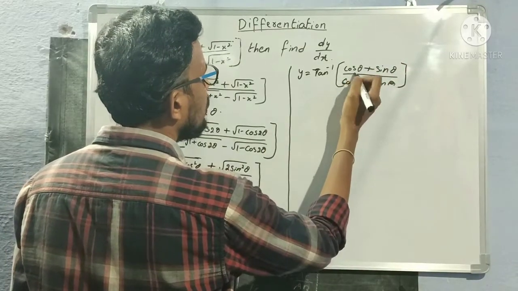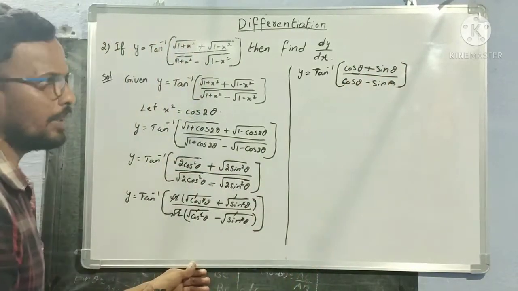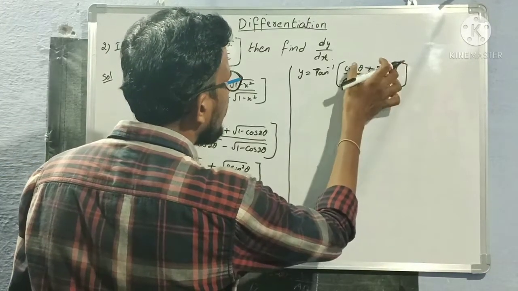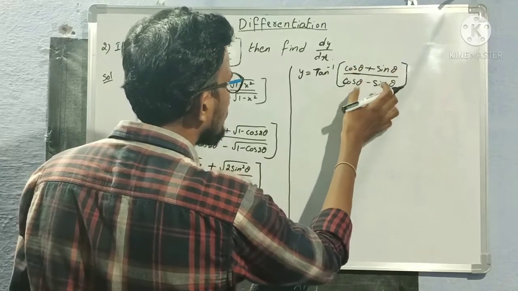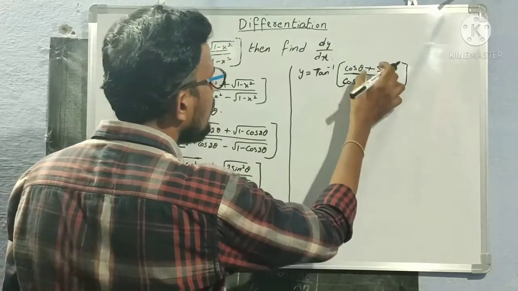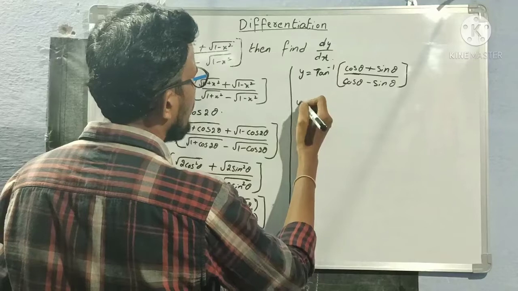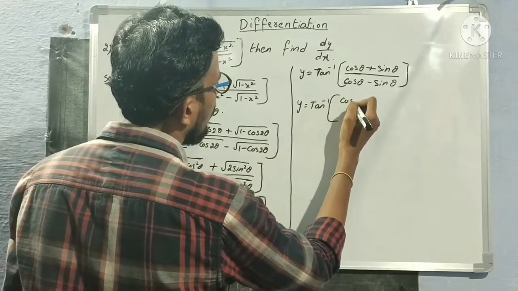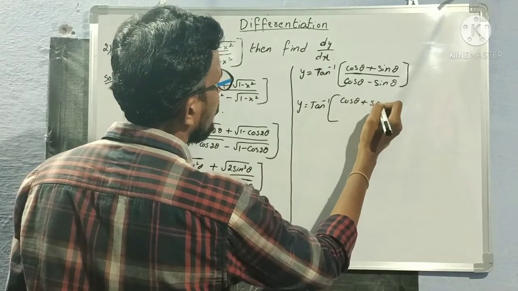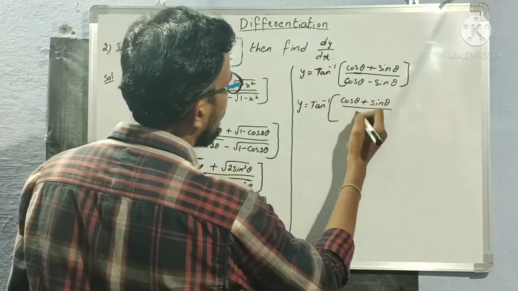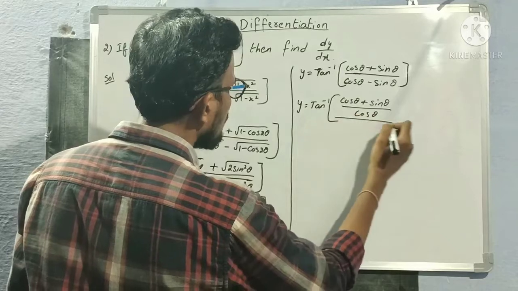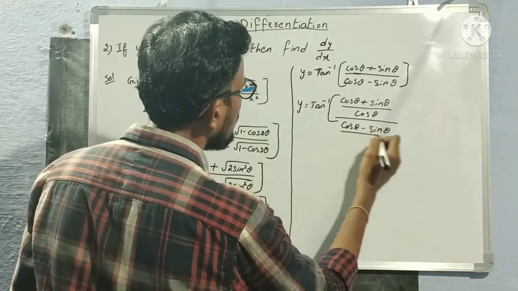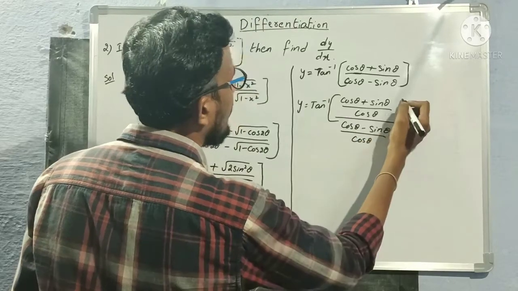Why? Because we know that sin theta by cos theta is tan theta. So y is equal to tan inverse of (cos theta plus sin theta) by cos theta, whole divided by (cos theta minus sin theta) by cos theta.